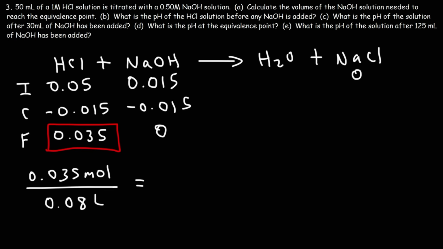And keep in mind, the concentration of HCl is the same as the concentration of H3O+. And that's going to be 0.4375 M. So that's going to be equivalent to the concentration of the hydronium ion in solution.